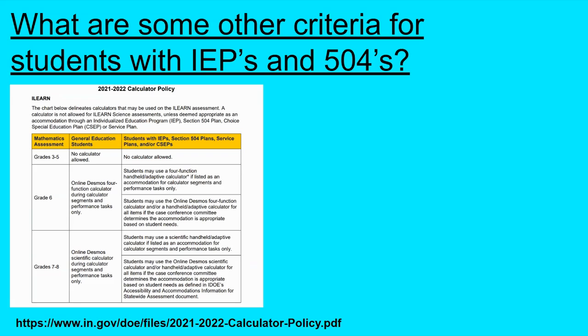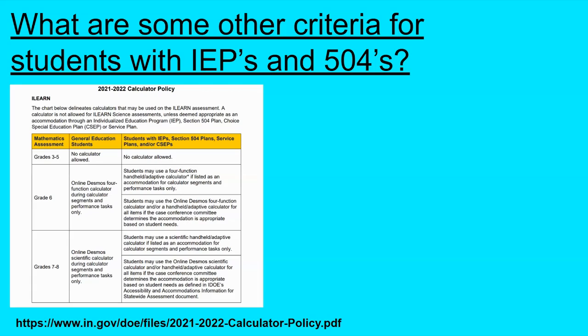And then students may also use online Desmos scientific calculator and or a handheld adaptive calculator for all items if the case conference committee determines the accommodation is appropriate based on the needs as defined by IDOE's accessibility and accommodations information for statewide assessment documents.